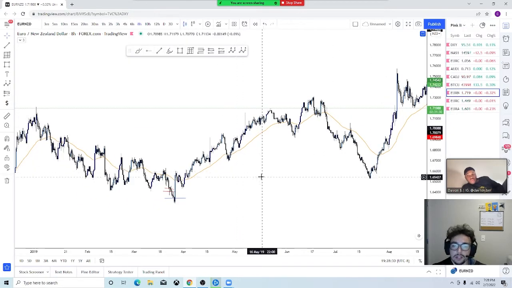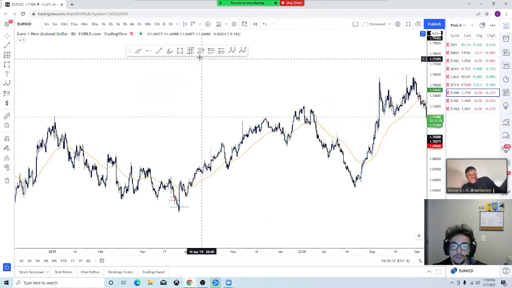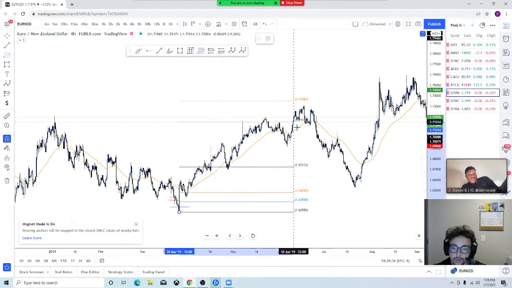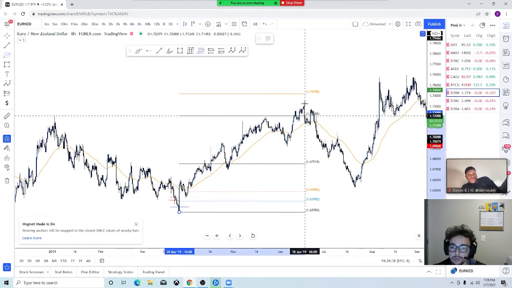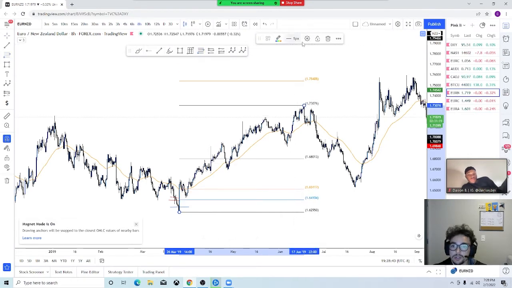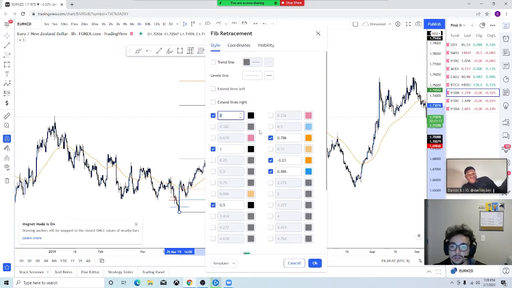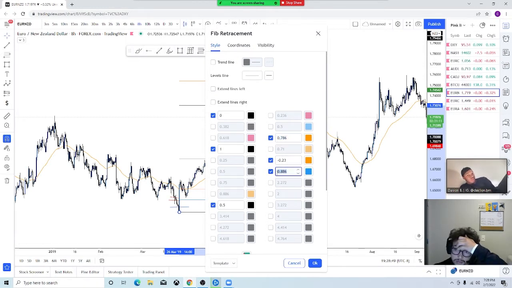So now the levels we're looking for when we're trading this are 786, 618, and 886 levels. You can go ahead and screenshot this.